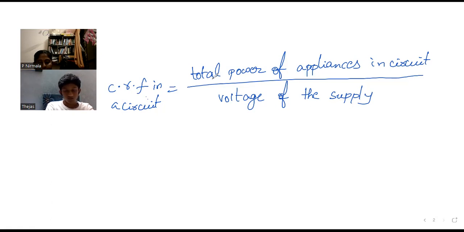Here what they are telling is that the switch is on and off, and the live wire is connected. Once we switch on, what will happen? The current flows in the appliance.